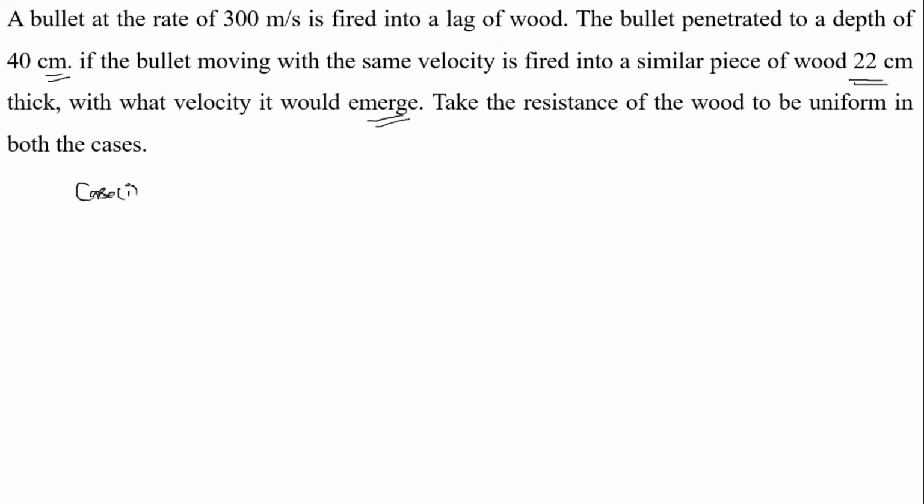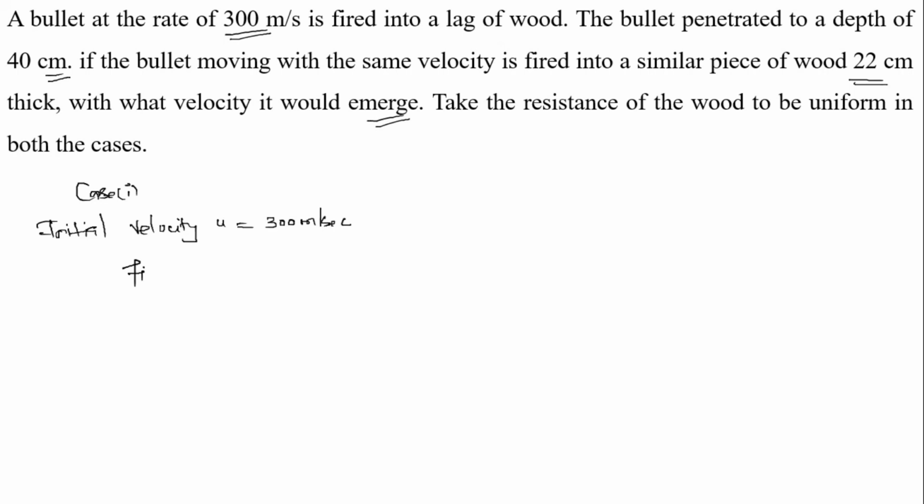So case 1, the initial velocity u is equal to 300 meter per second, since the bullet travels at the rate of 300 meter per second. And what is the final velocity?